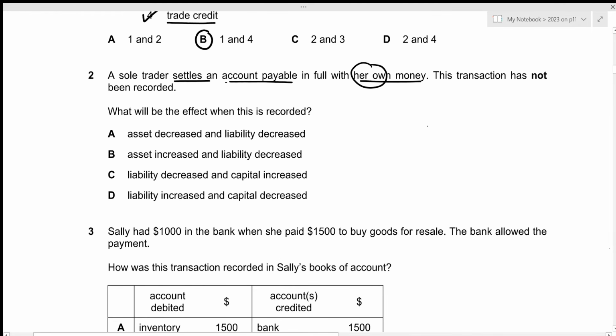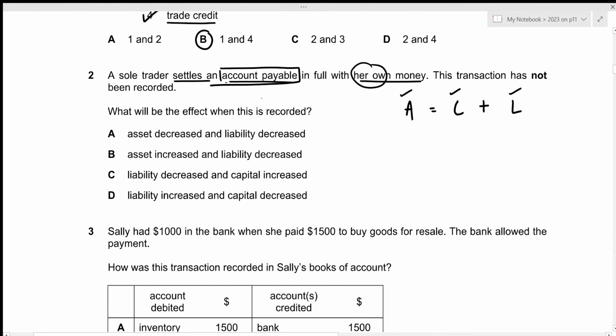Always remember that there will be twofold effect of each transaction on our accounting equation. So the accounting equation is asset equals to capital plus liability. So from each transaction, two of these three items will be affected and the equation will be balanced at all times. So if we're looking at asset increment, then it means that either the capital or the liability should increase, right? And in this case, we're talking about settlement of an account payable, right?